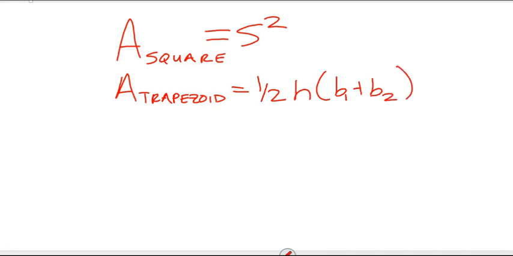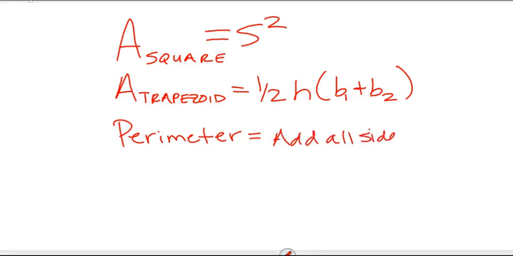And remember that your bases are your parallel sides, and your height is perpendicular to the base. And then the other thing I wanted to bring y'all's attention to is perimeter. This is on the formula sheet on the upper left-hand side, but it basically means when you add all the sides together. So that's what perimeter is.